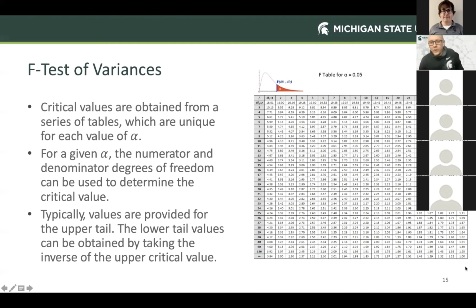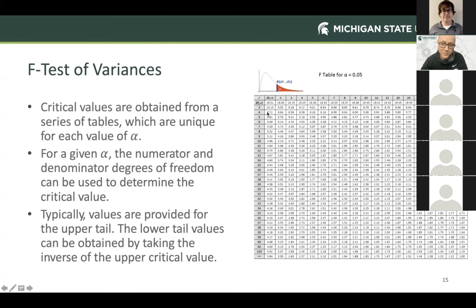Now, one quick point I should mention here, if we think about how this F test is structured, if we're having the first sample in the numerator and the second sample in the denominator, we would want to reject at relatively high values.